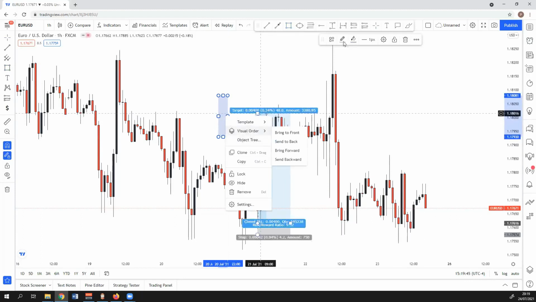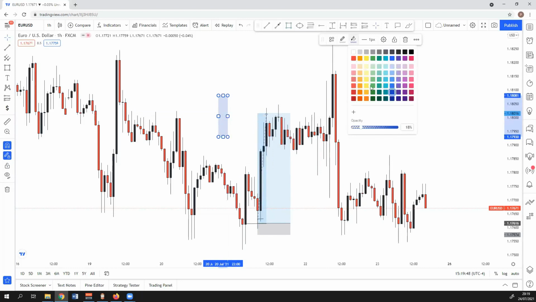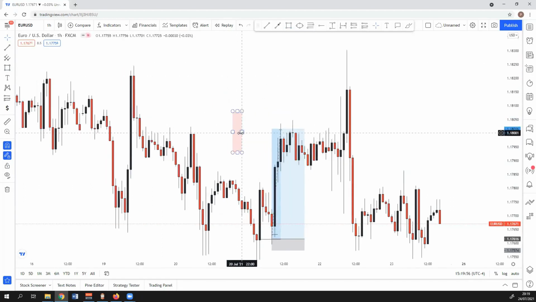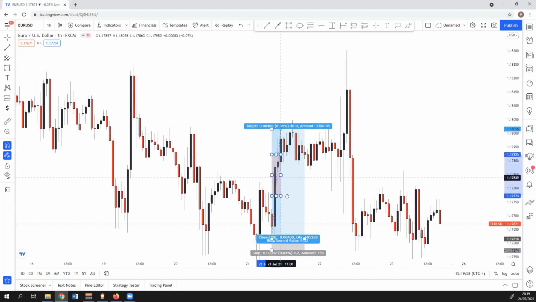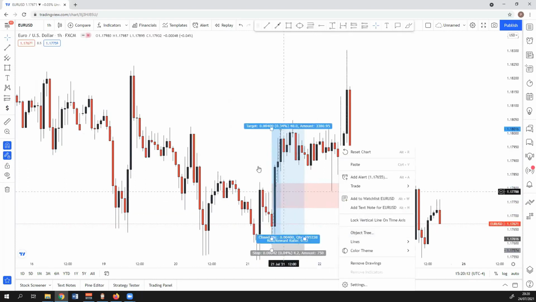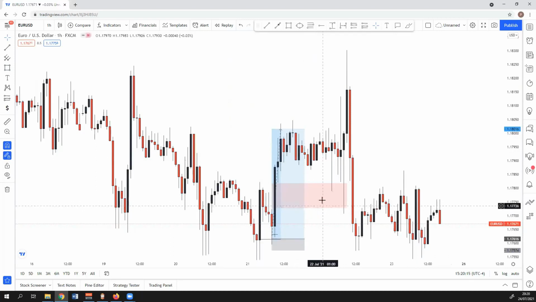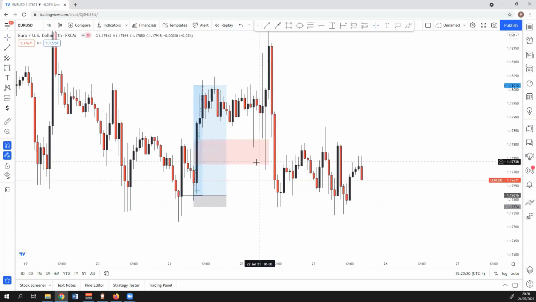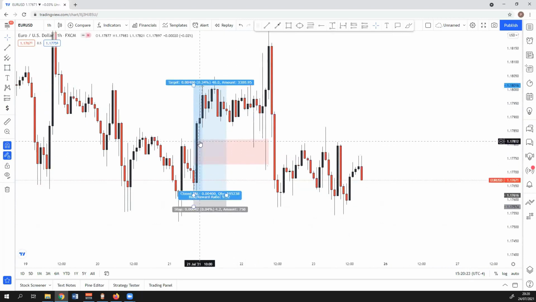So I'm going to change the color, and I'm going to use the red. One second. Okay, so if we expect that we have what we call a gap within this zone or within this area, some folks are going to put their entries here.